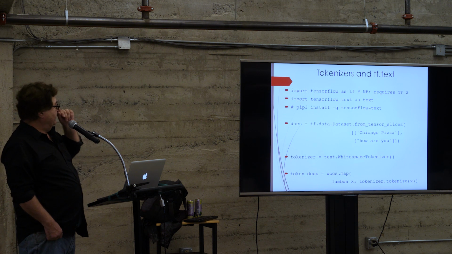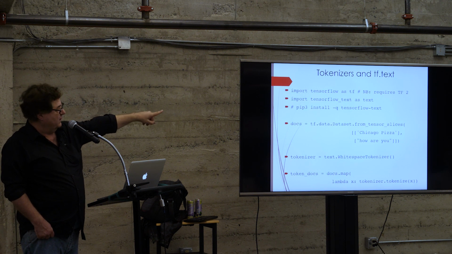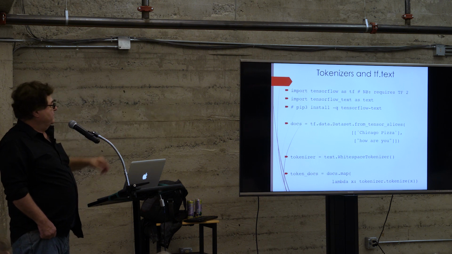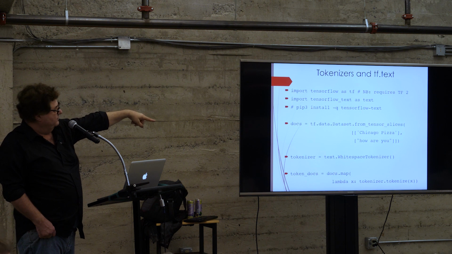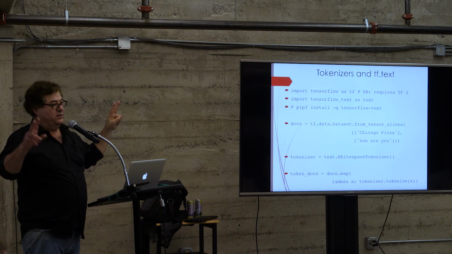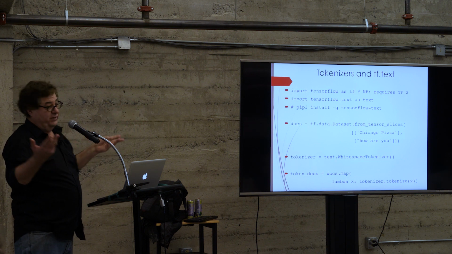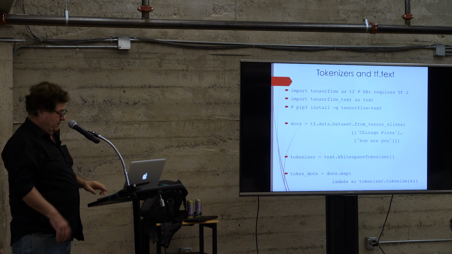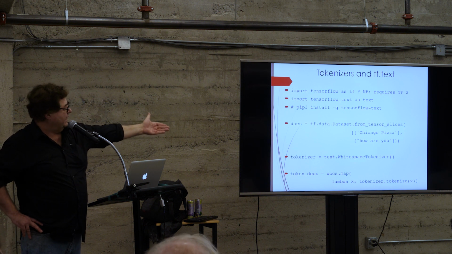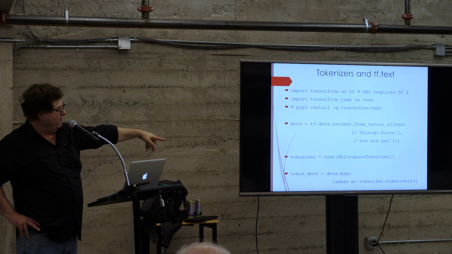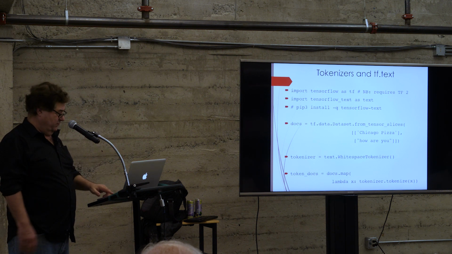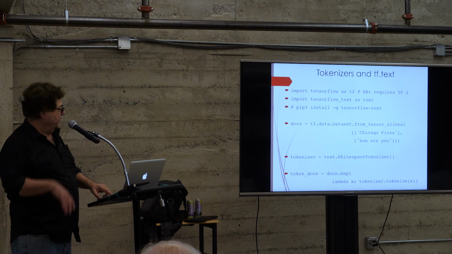Tokenizers and tf.text. There's the command to install TensorFlow-text. That's the tf.text package. And so here we have our slices, so to speak. We have documents. We have two. Each one of them is a document. You know, it's only three words long, but treating them as a document. And so now our tokenizer from text, which we've imported, tokenizes on white space, which is typical, at least in English, and many other Indo-European languages.